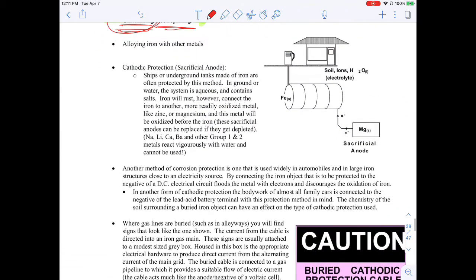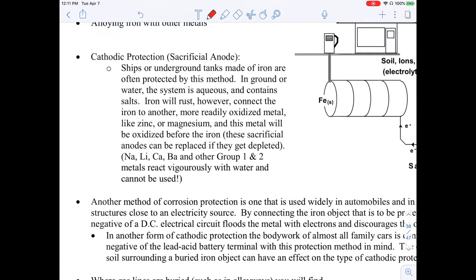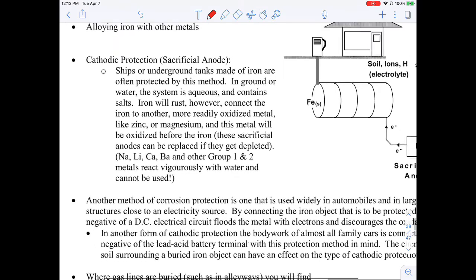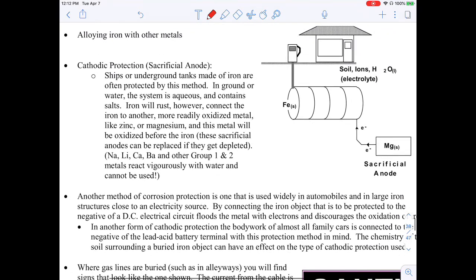A different technique to prevent corrosion is cathodic protection. We're going to zone in on this because it requires a little bit of understanding about the redox that allows this to work. Ships or underground tanks made of iron are often protected by cathodic protection.